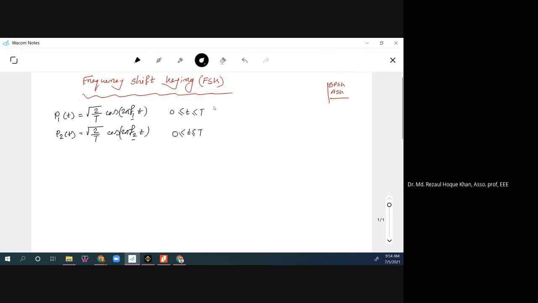Here we can define F1 as previously, K1 by T, where T is the symbol duration, and F2 is K2 by T, where K1 is not equal to K2.